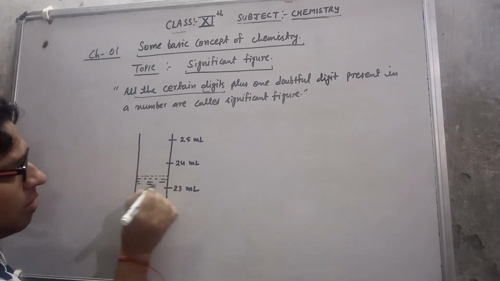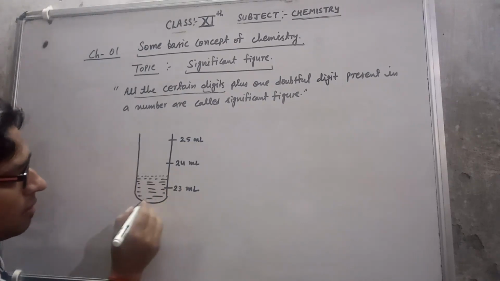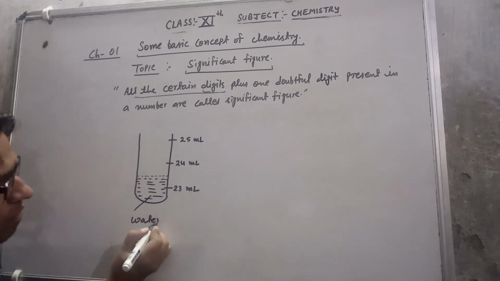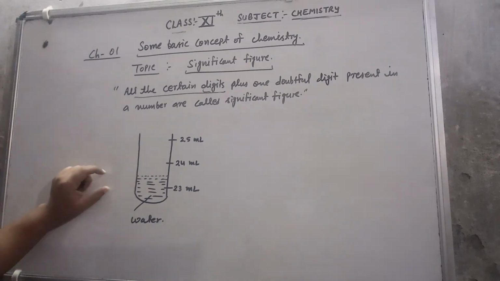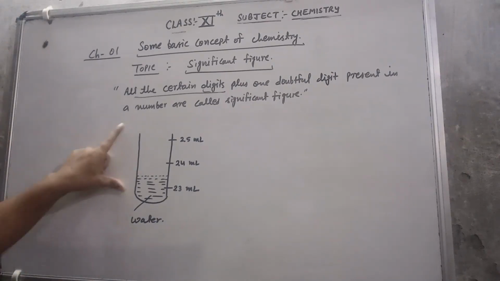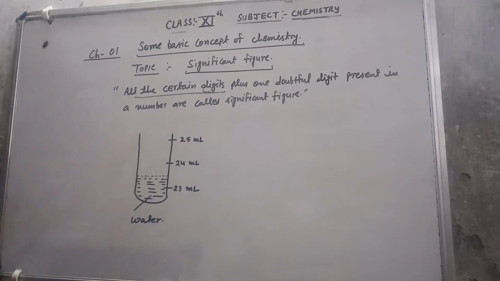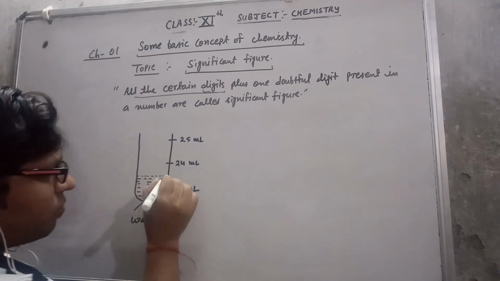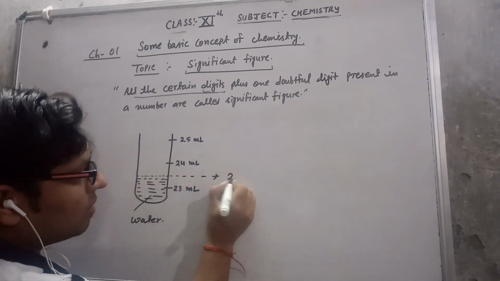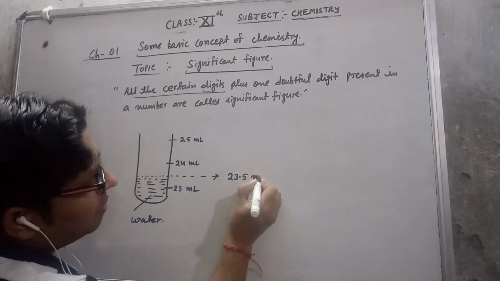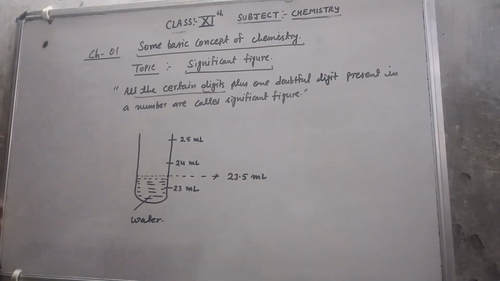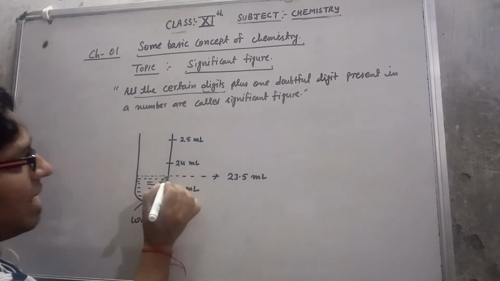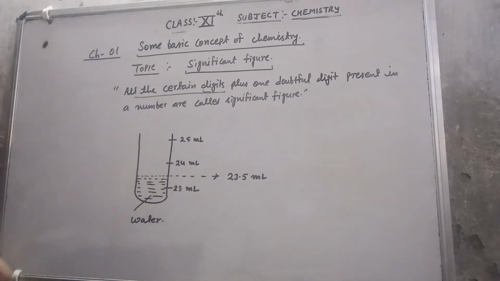If I ask you what is the volume of the water present in the container, what will you say? Because it is at the middle level, you will say this is 23.5 ml. Now we can't say that this is the exact value of 0.5. Maybe it is 0.49, maybe it is 0.51, so it's not the exact value.